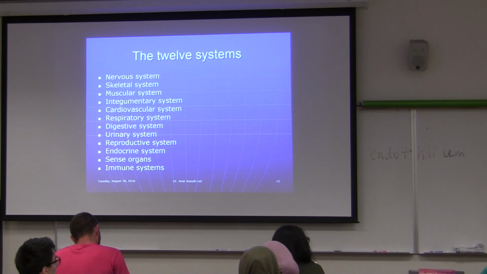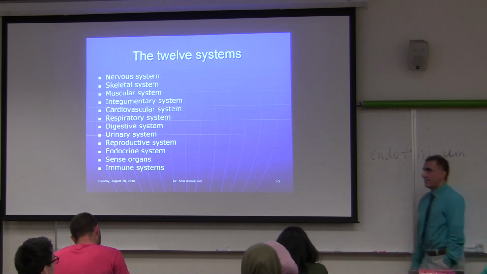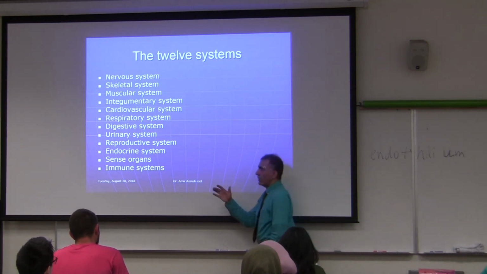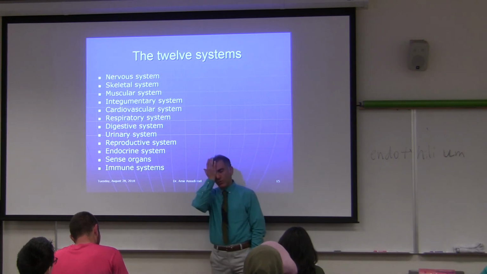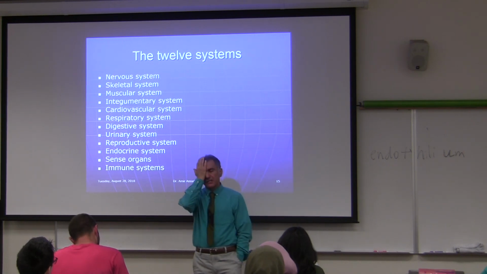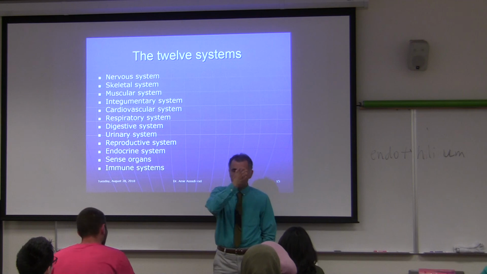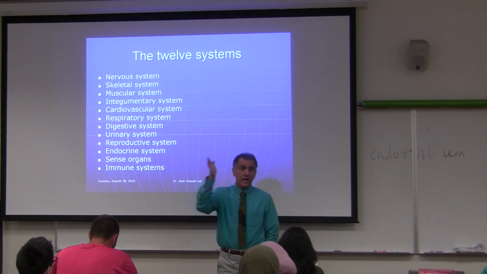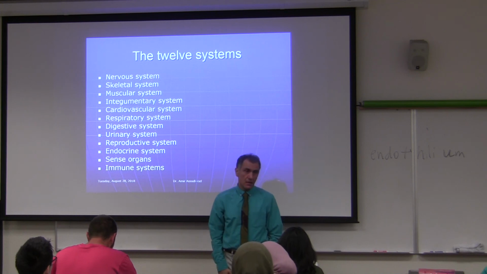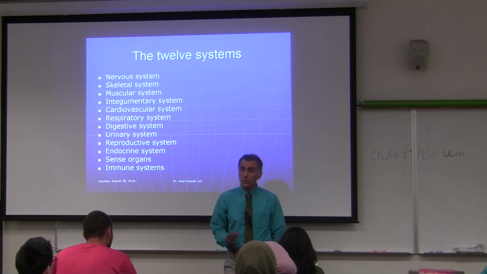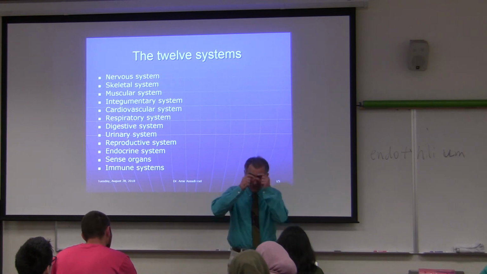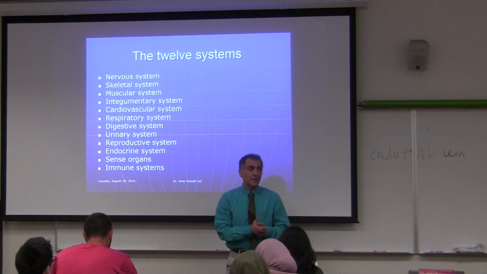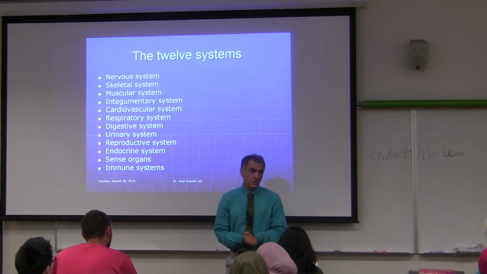So for the lab practical exam purposes, of all the 30 slides you have in the lab, you should know what system they belong to and what organ they are. Maybe one or two, I'm not sure what system or organ they belong to. But the rest of the 30 microscopic slides we have in the lab, you should know organ, system, and of course what tissue.